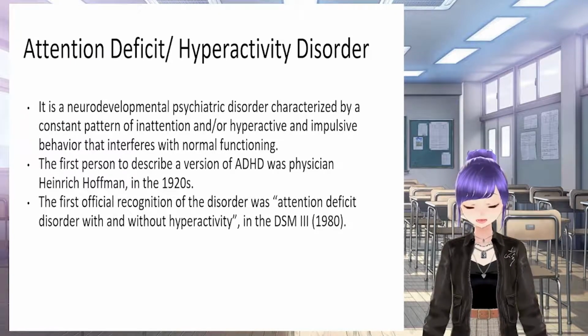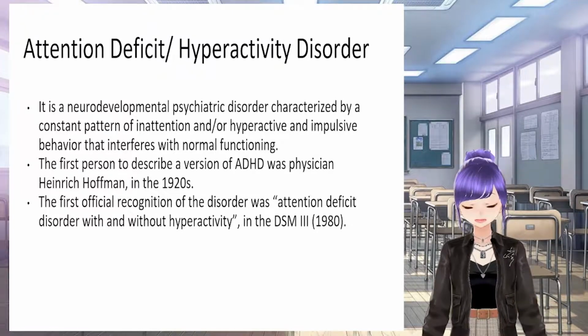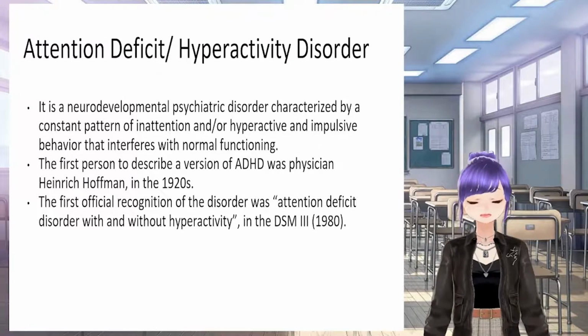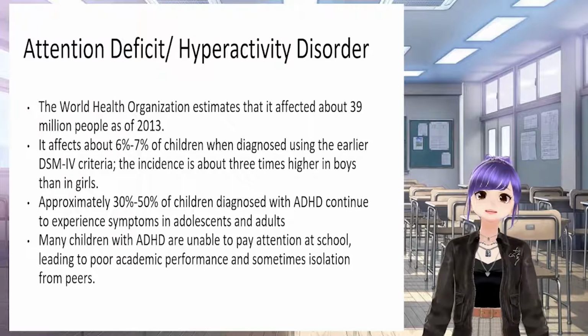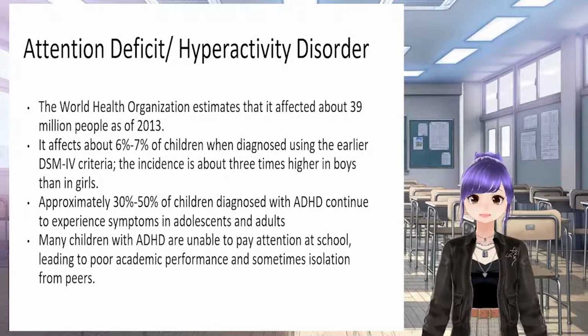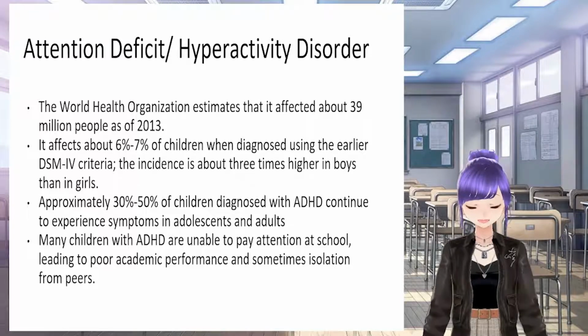Despite being the most commonly studied and diagnosed psychiatric disorder in children and adolescents, the cause in the majority of cases is still unknown. The World Health Organization estimates that it affected about 39 million people as of 2013. It affected about 6 to 7% of children when diagnosed using the earlier DSM-4 criteria.